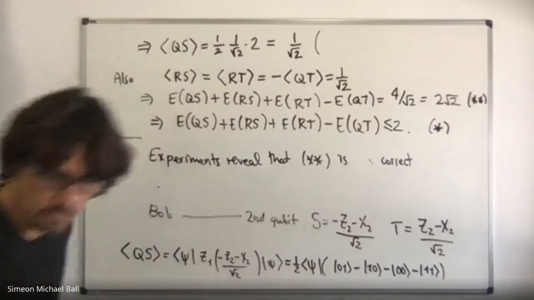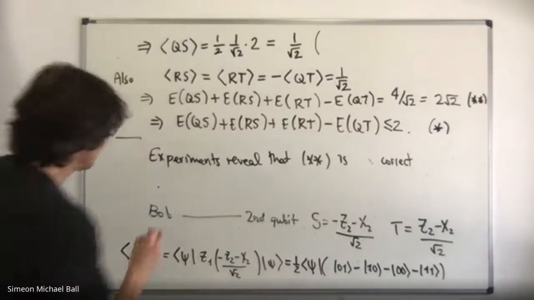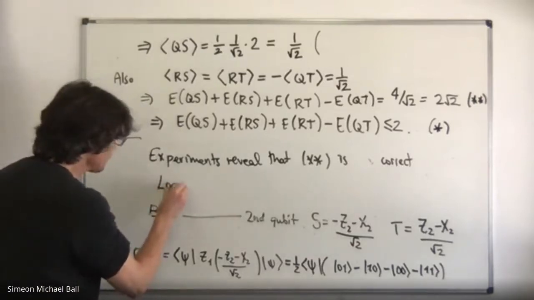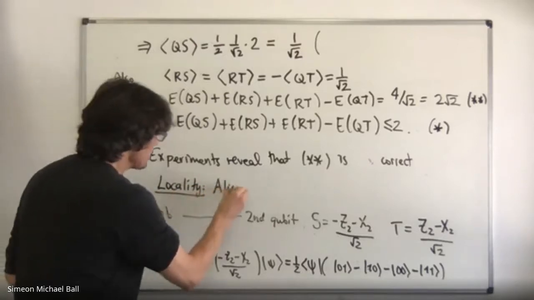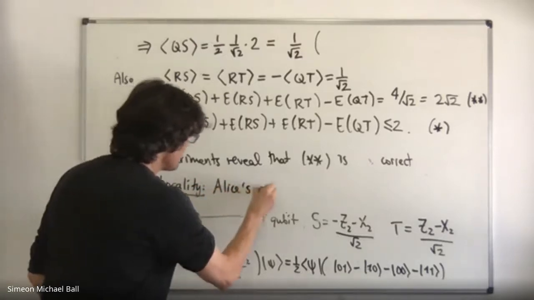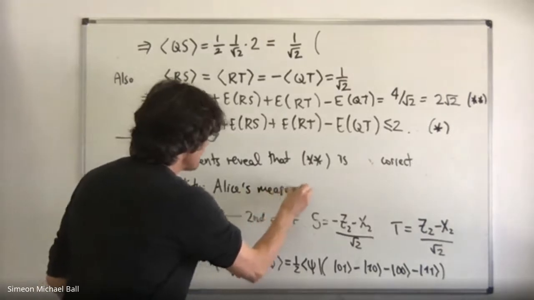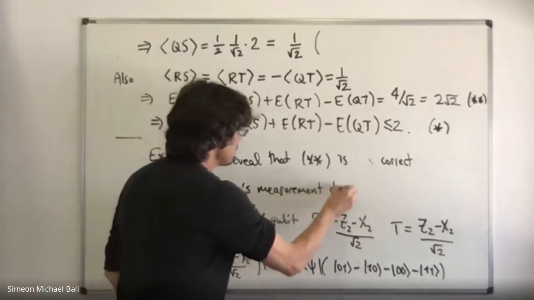Let me say what it says in the book. Okay, so locality: Alice's measurement does not affect Bob's.